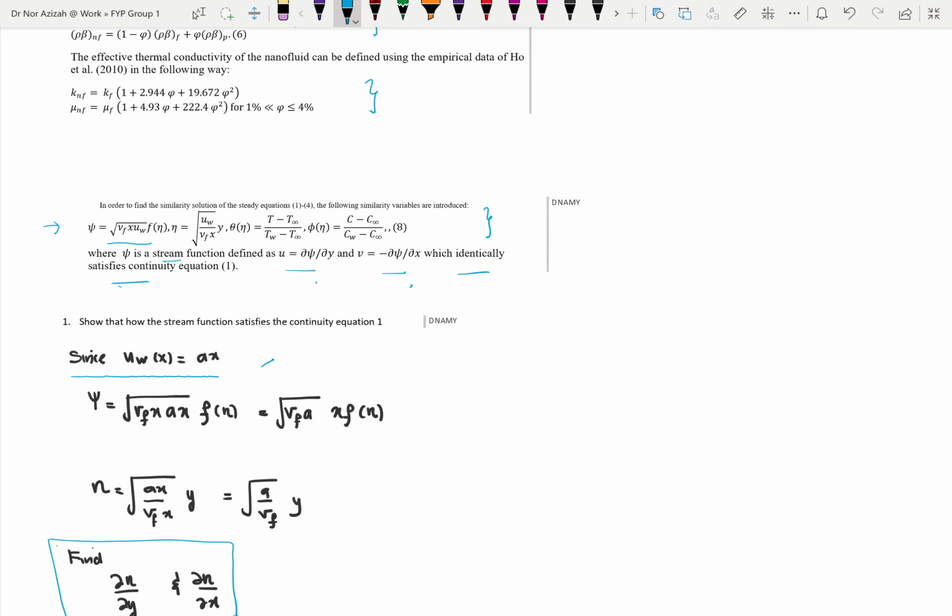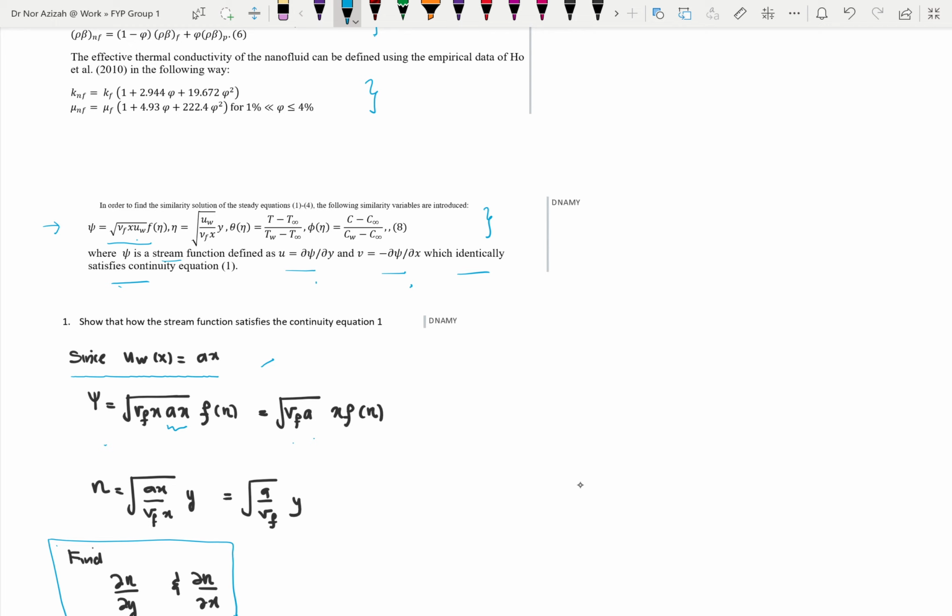So this is the formula for psi, and this one is uw. You replace uw by ax, and simplify, you will get square root of nu nf a x.